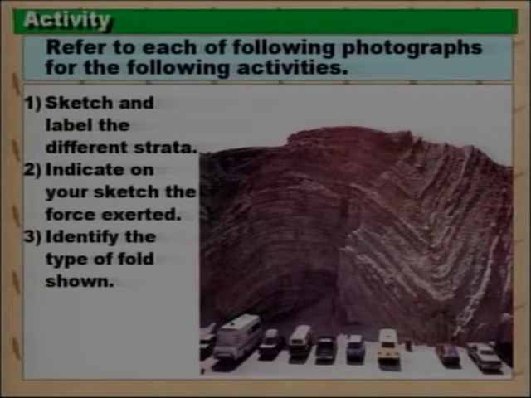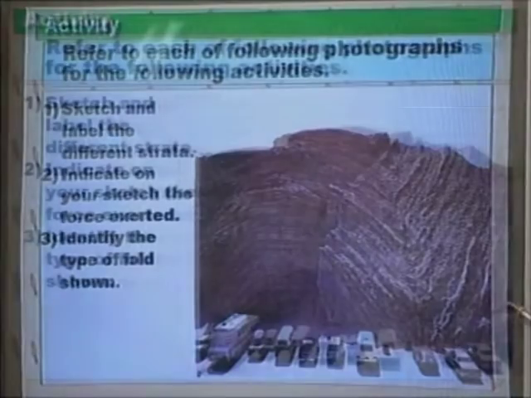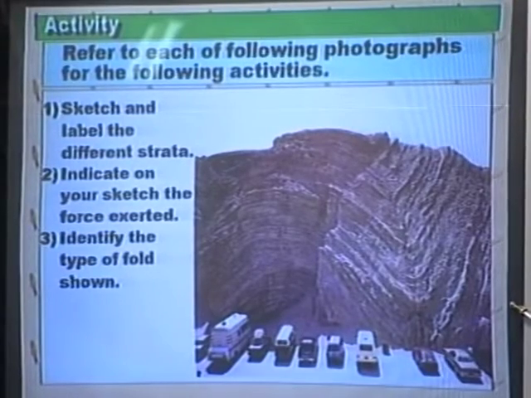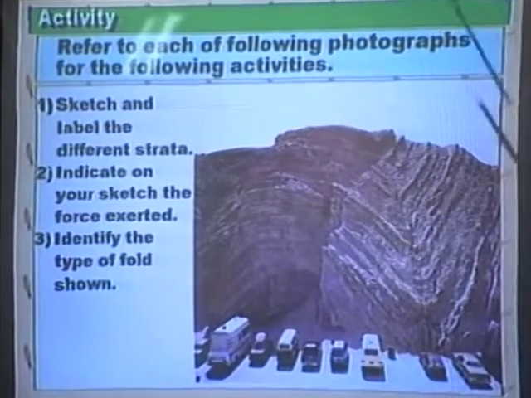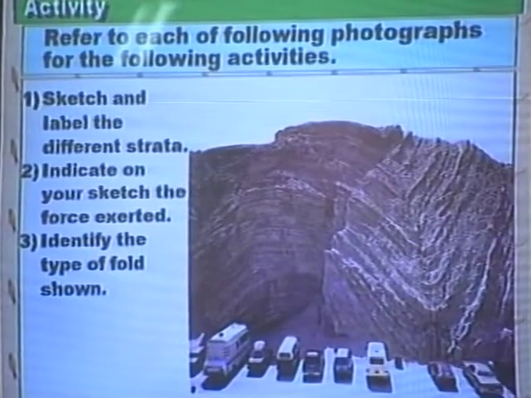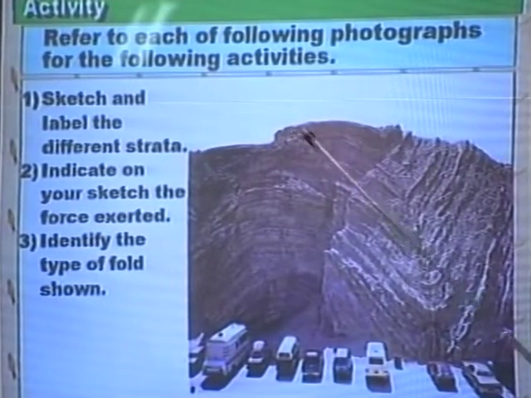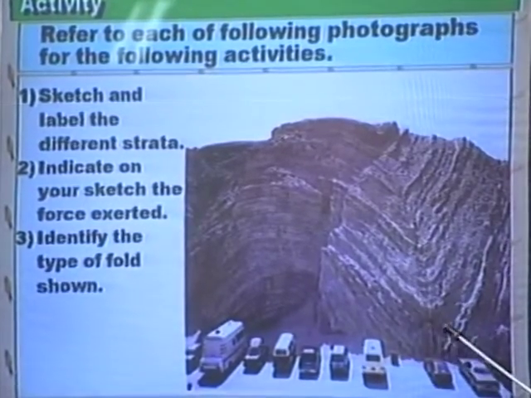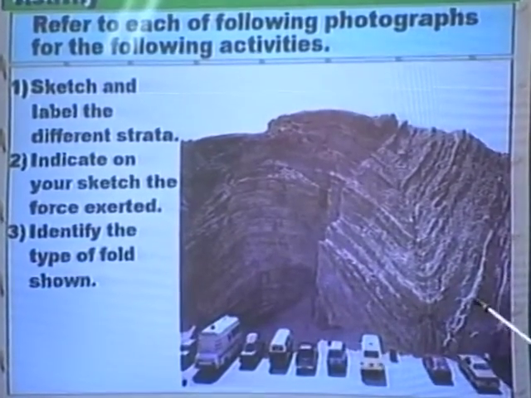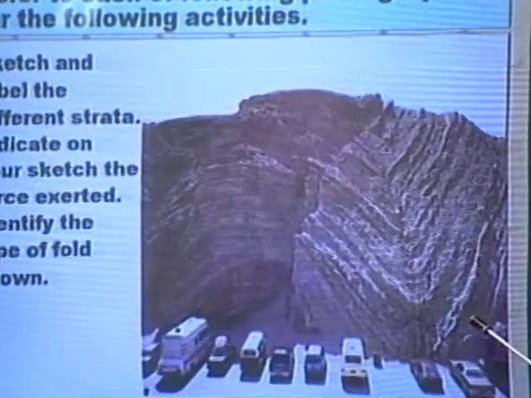Within that 5 minutes, number 1, look at this particular photograph and see if you can recognize the different layers or strata shown. Then in your exercise book, sketch the different strata that you can see. From the photograph here, draw out what you can see, showing the different strata or layers.